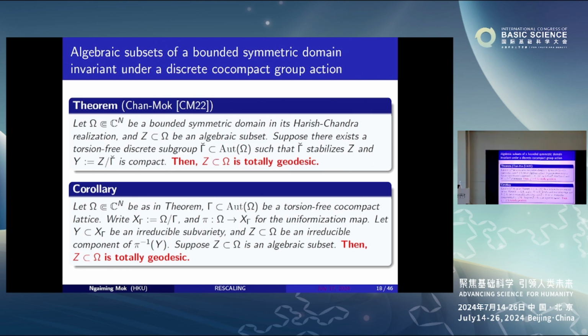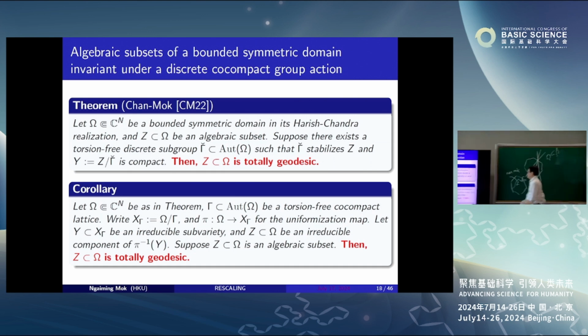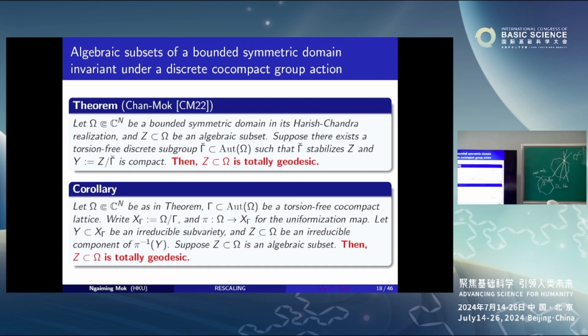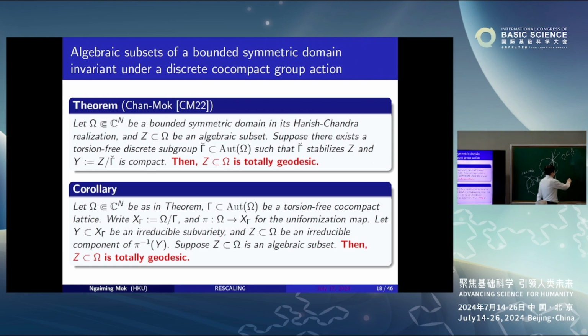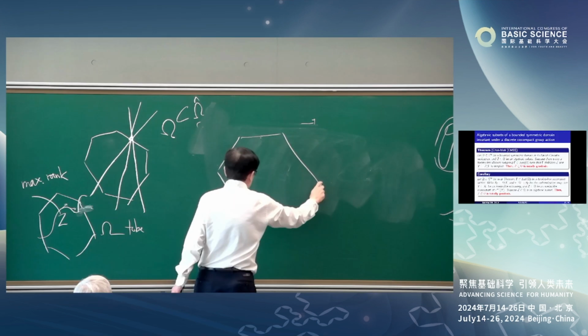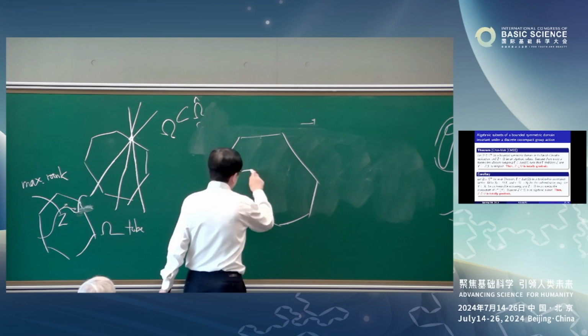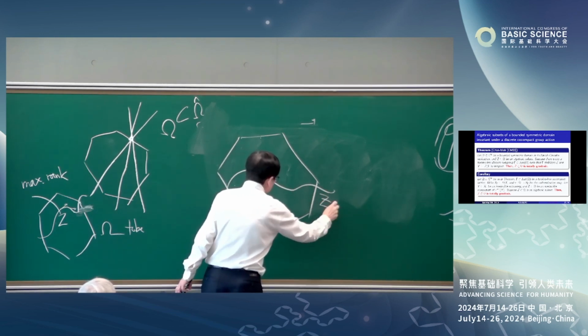So it goes like this. Suppose I have a bounded symmetric domain, and I have some algebraic subset called Z.